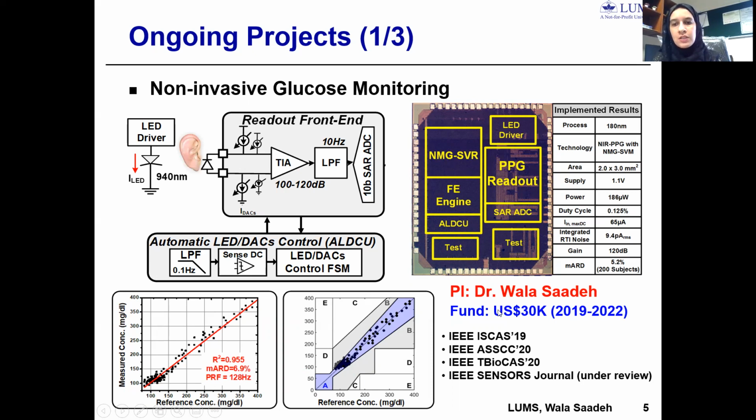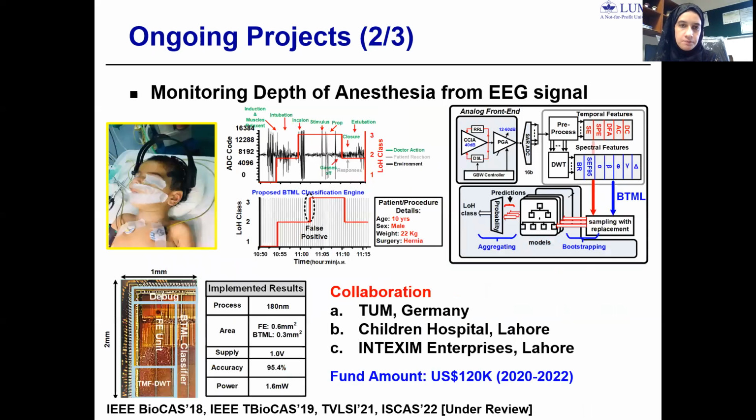This project was funded by the Higher Education Commission in Pakistan, and we have several research publications for this project. We aim to further improve the algorithm by providing more patient data for training our system.